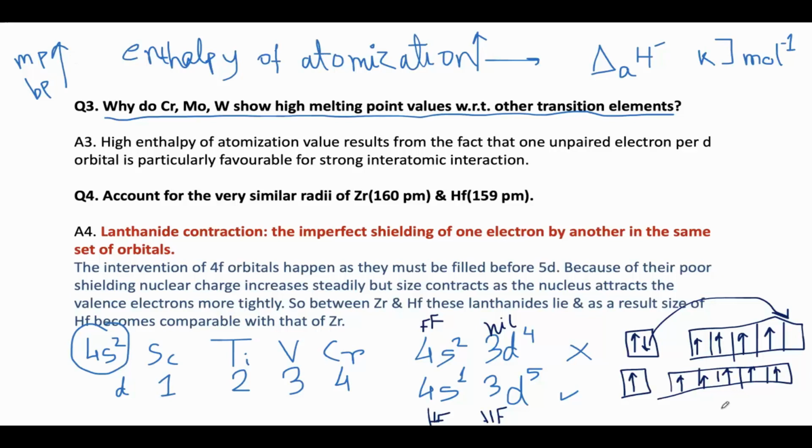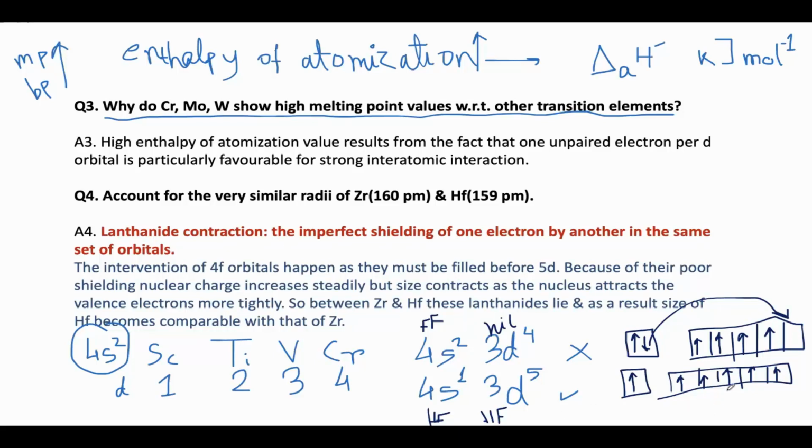Now, as you know, the chromium group has the electronic configuration ns1 (n-1)d5. So it has the electronic configuration ns1, that is half filled, and (n-1)d5, that is also half filled. So this half filled configuration gives extra stability to the chromium group.